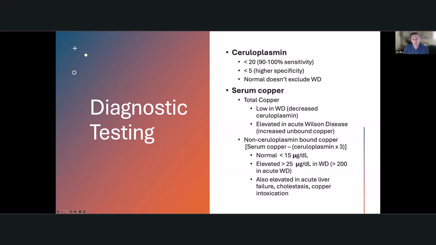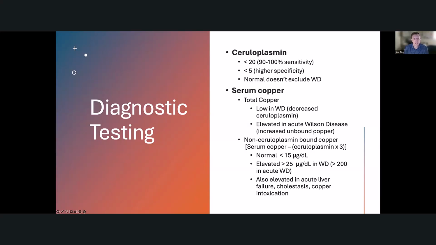And so a low ceruloplasmin in a patient will then lead to a low copper level. However, it is significantly elevated in patients with acute Wilson's disease, which has a significant increase in unbound copper in the body. And so total copper is more commonly elevated in acute Wilson's, but can be low, or commonly low, in Wilson's disease, specifically chronic Wilson's disease.